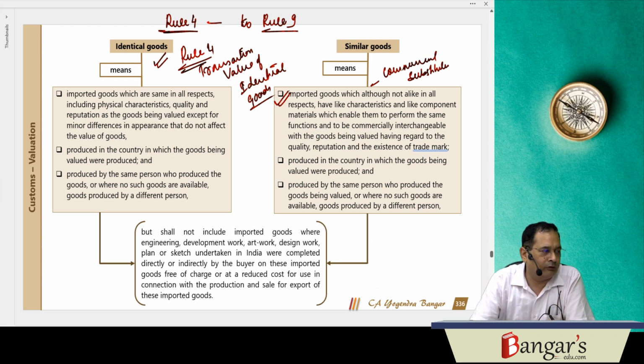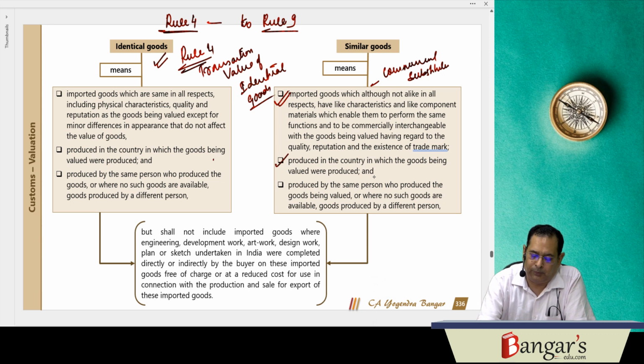Similar goods means imported goods which, although not alike in all respects, have like characteristics and like component material to enable them to perform the same functions, to be commercially interchangeable with the goods being valued, having regard to quality, reputation and existence of trademark.